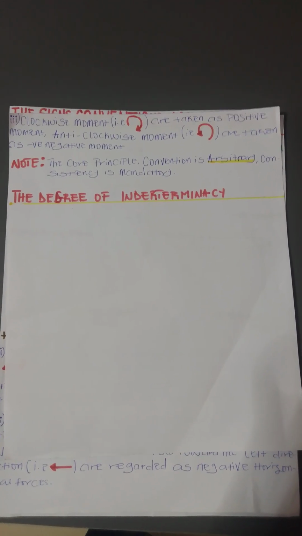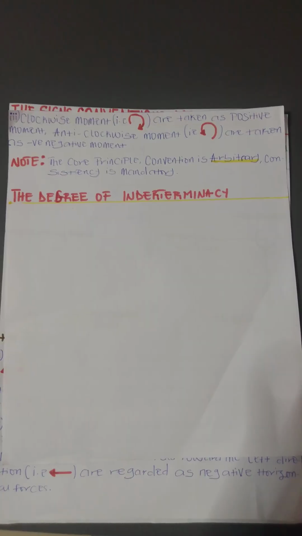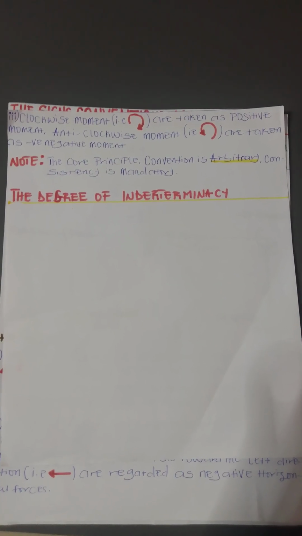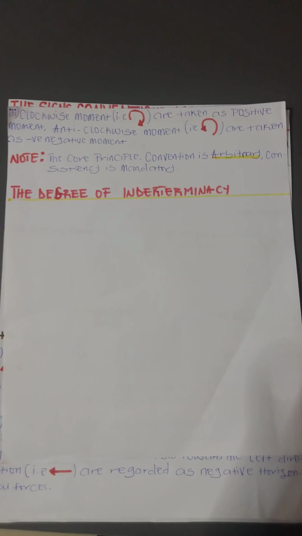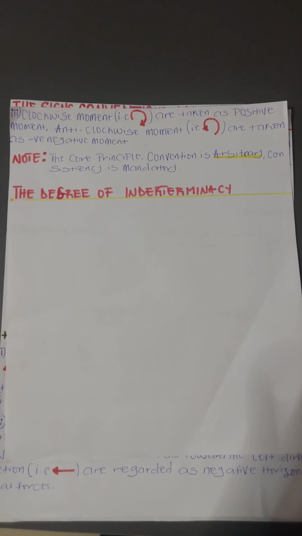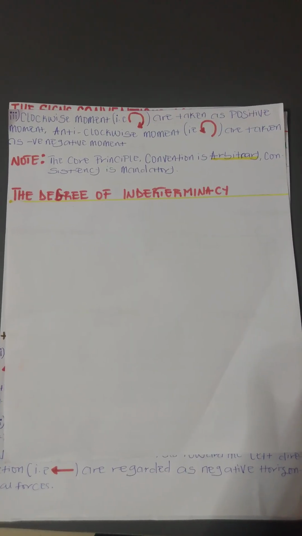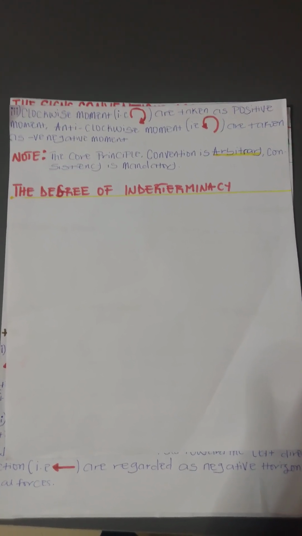That is why you can see in some structural analysis textbooks where some of their moments in the clockwise direction are considered as negative, and moments in the anti-clockwise direction considered as positive.